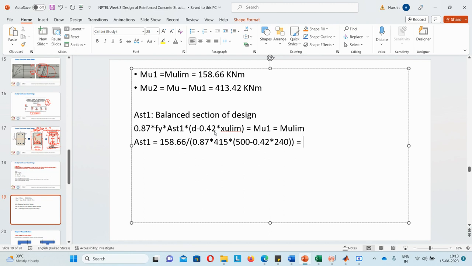Let's do the calculation. This will come out to be around 1100.5 mm squared. You can check the calculation on your own also.